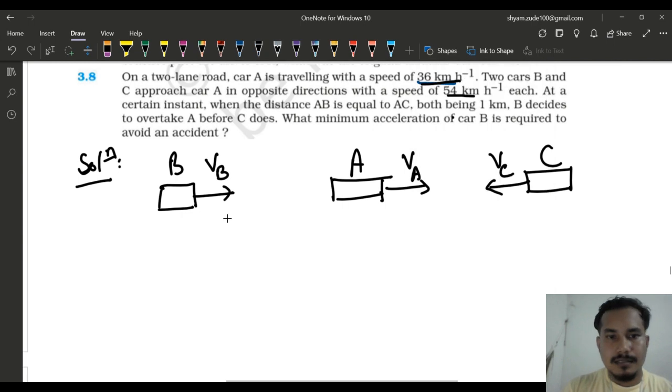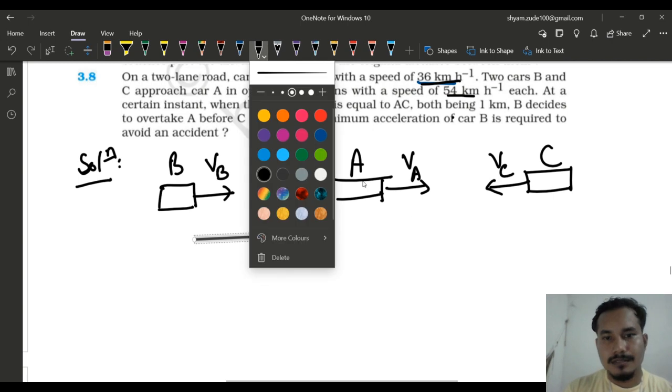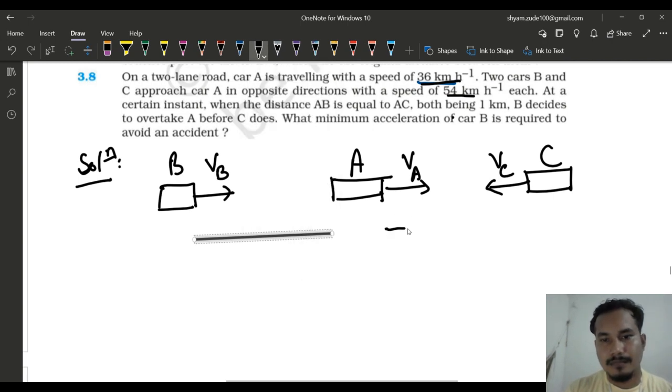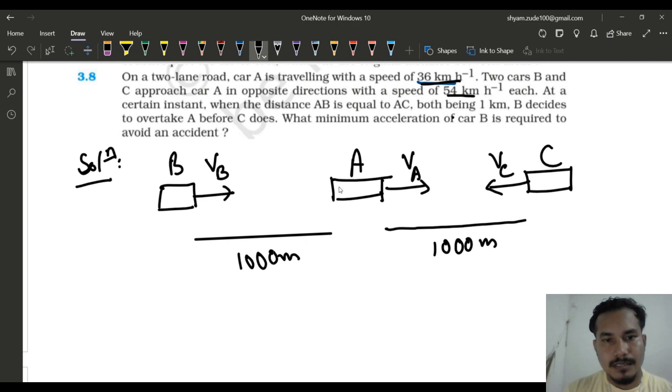When these distances are 1 kilometer each, 1 kilometer means 1000 meter, 1000 meter. This AB and AC both are equal. Then B decides to overtake A before C does.